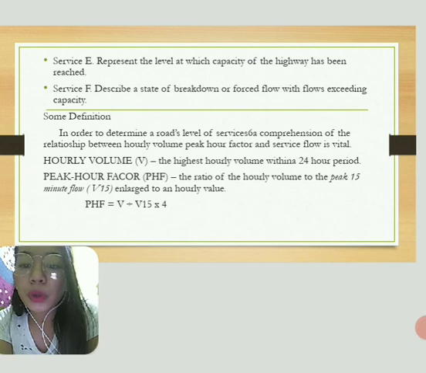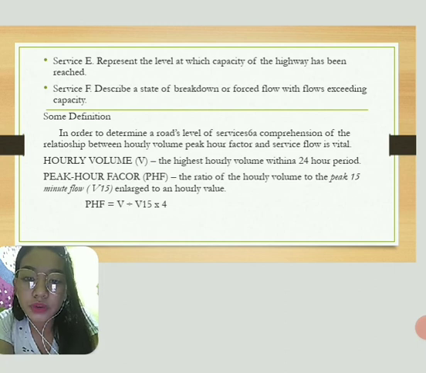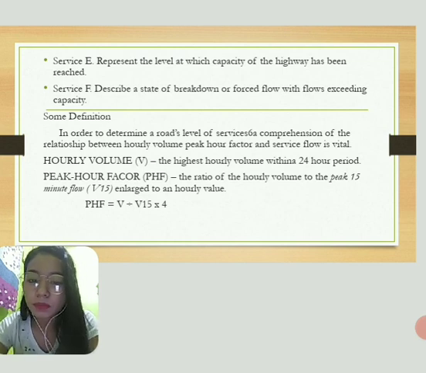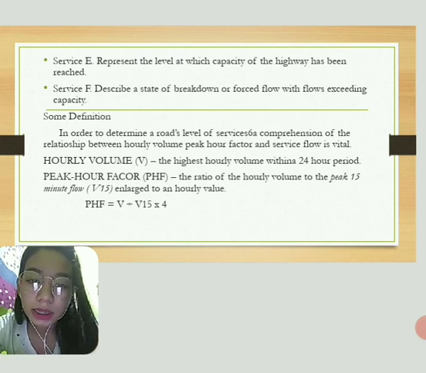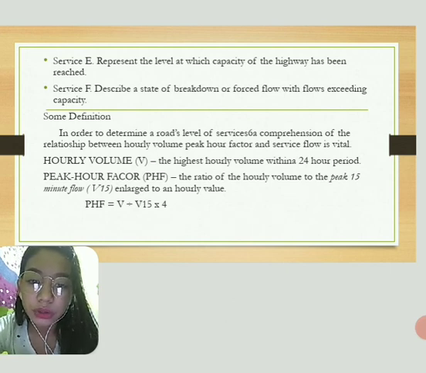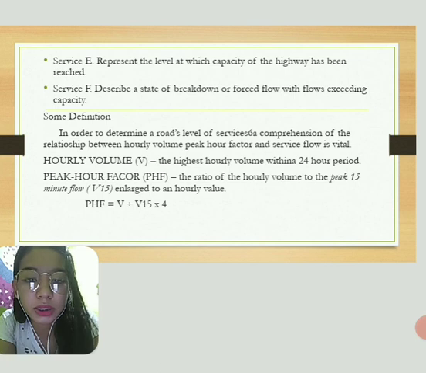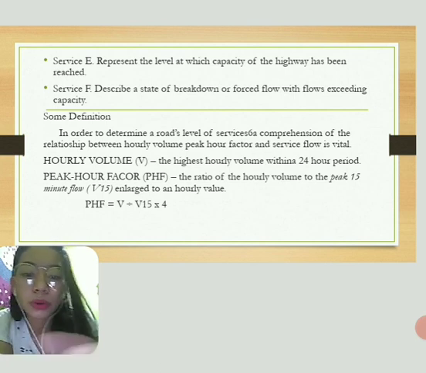In order to determine the road level of service, comprehension of the relationship between hourly volume, peak hour factor and service flow is vital. The hourly volume, V, is the highest hourly volume within a 24-hour period, and the peak hour factor, or PHF, is the ratio of the hourly volume to the peak 15-minute flow, or V sub 15, enlarged to an hourly value.